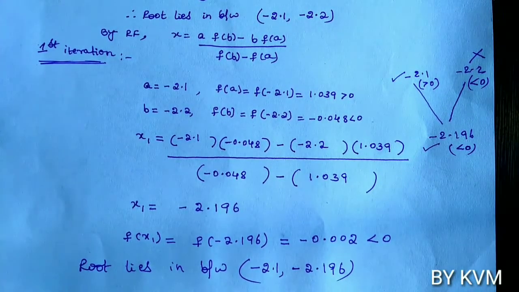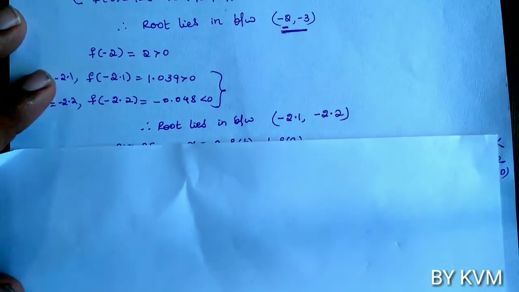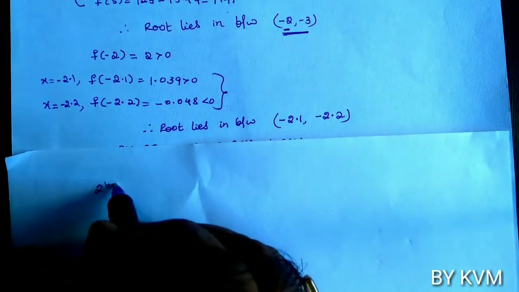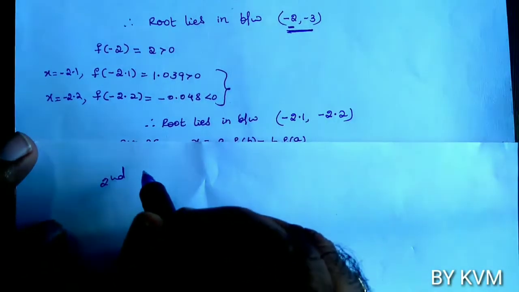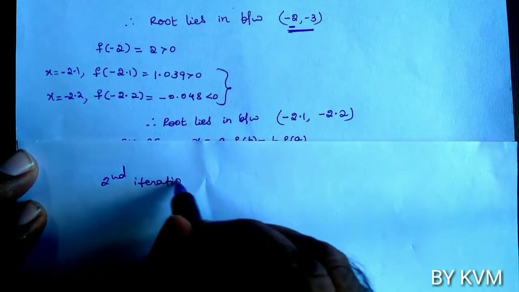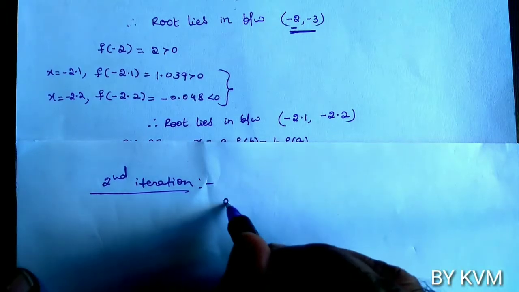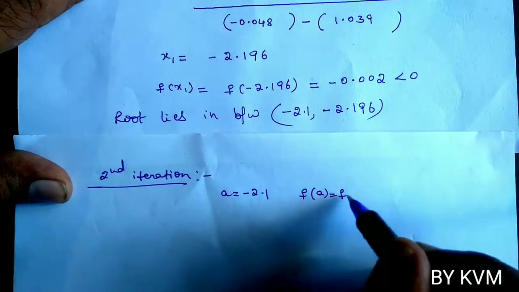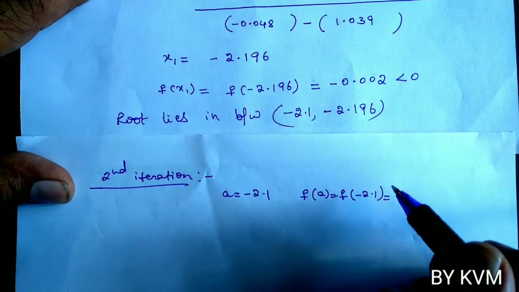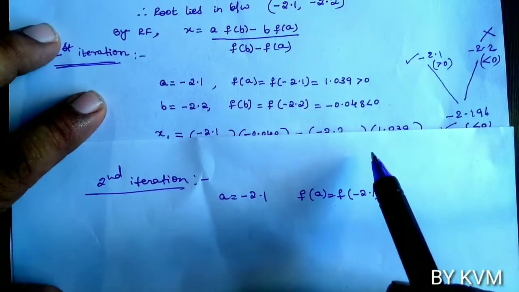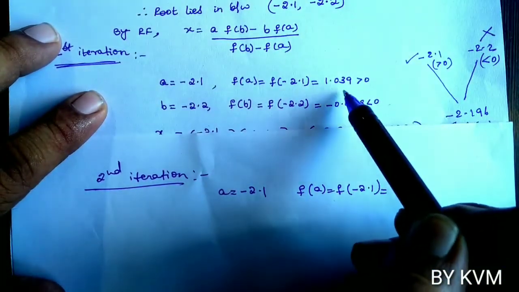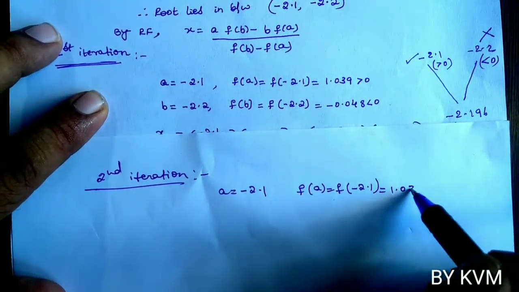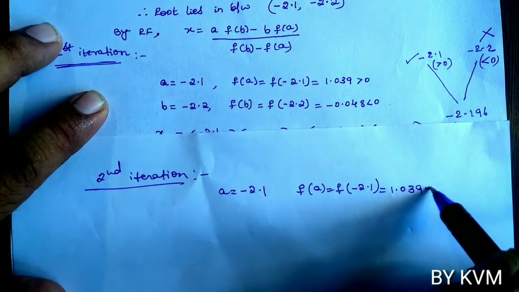Now we have to improve the accuracy of the root. So in the second iteration, use the value of x1. So a is minus 2.1, and f of a is f of minus 2.1, which we have already calculated as 1.039, greater than 0.